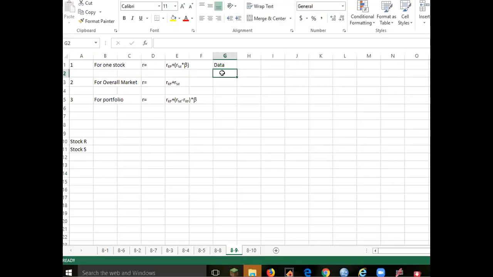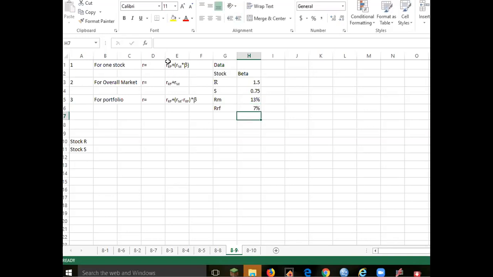So class, in this problem, we have two different stocks, stock R and stock S. The beta of stock R is 1.5, stock S is 0.75, and we also have market risk premium, which is 13%, and risk-free rate, which is 7%.